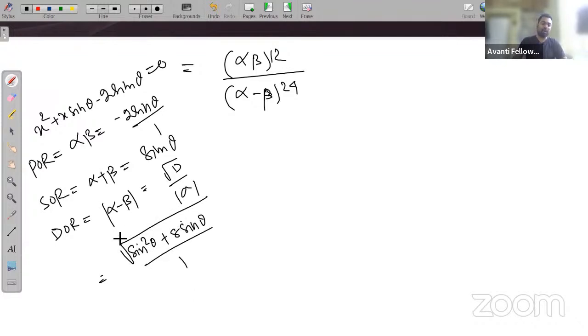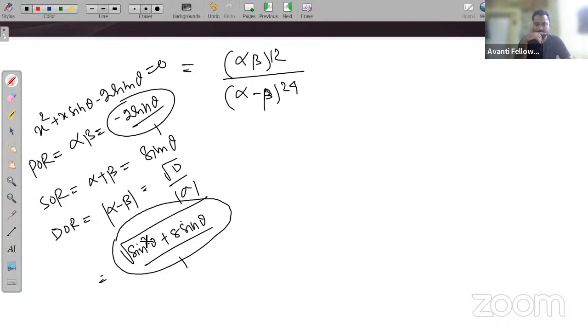Right? So we got the difference of roots and also the product of roots. Product of roots is minus 2 sine theta and difference of roots is root of sine square theta plus 8 sine theta. So now, you got mod of alpha minus beta is equal to root of sine square theta plus 8 sine theta.